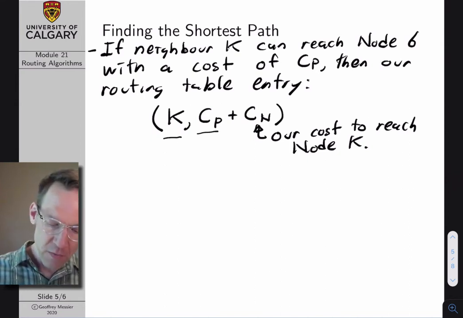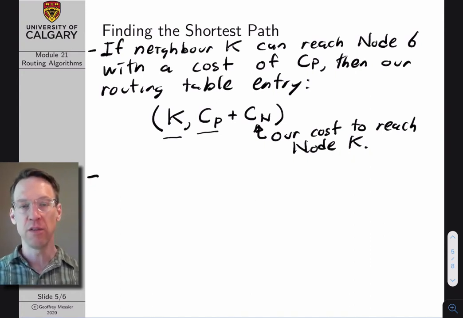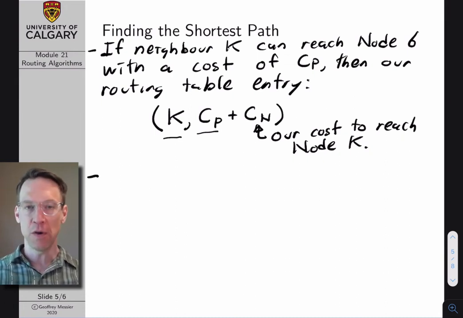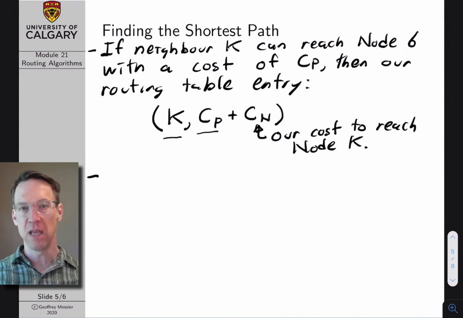And then finally, we only update our routing table entries with sending a packet to a neighbor if doing so lowers the cost of us reaching node 6. So we only update a routing table entry if the result gives us a lower cost than what we already have.